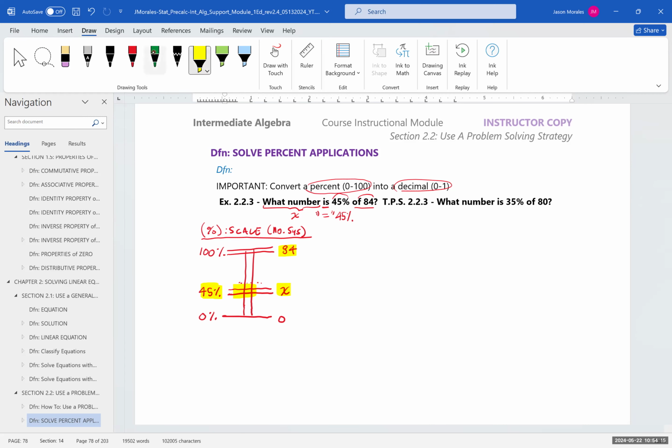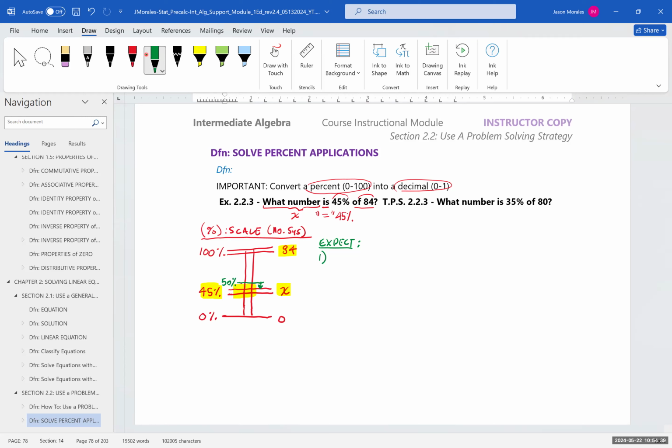Now, looking at this problem, I'm big on expectations. What can we expect our value of x to be? Well, remember that I just noted that 45% is less than 50%, which is 1/2.